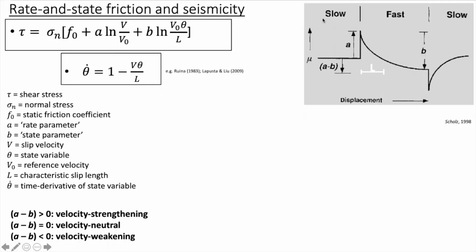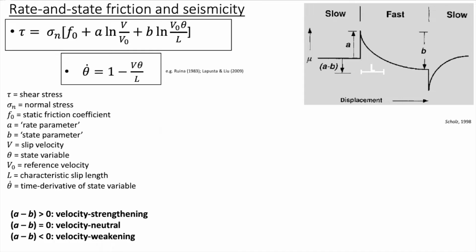In addition to elasticity, another mechanical component that we'll need for seismic cycle models is rate and state friction, which describes the frictional stability of geologic materials as seen from lab experiments. Basically, rate and state friction tells us what happens to the friction of a surface if the slip velocity across it increases.